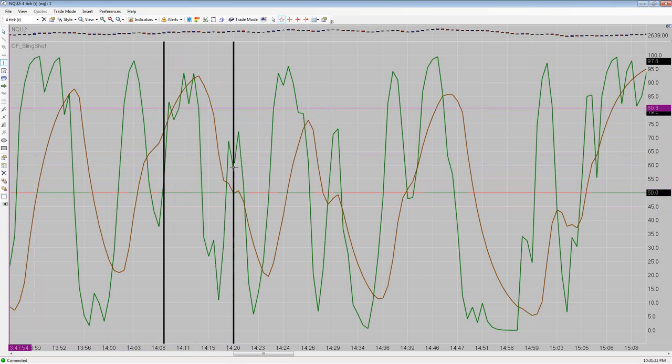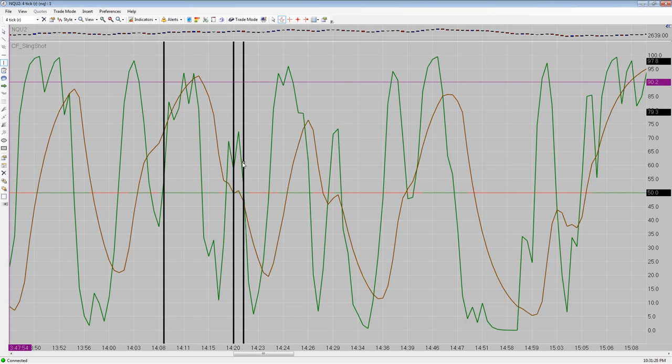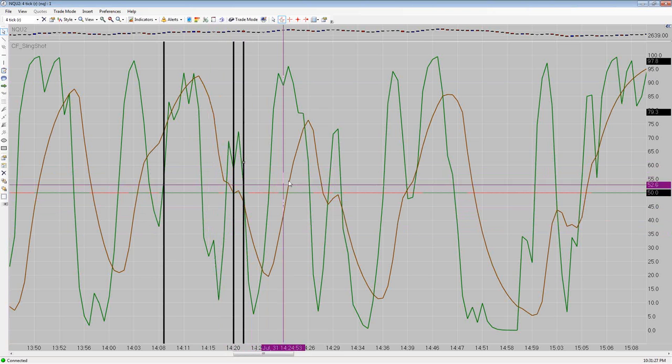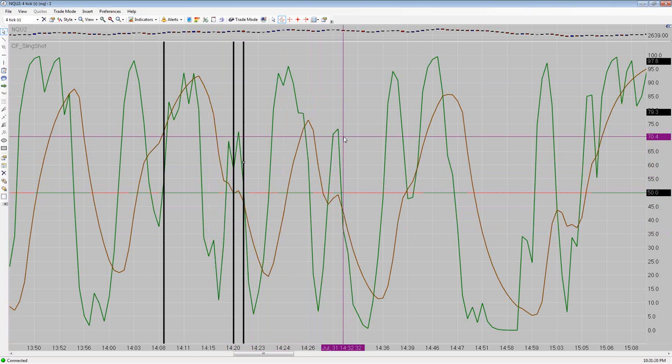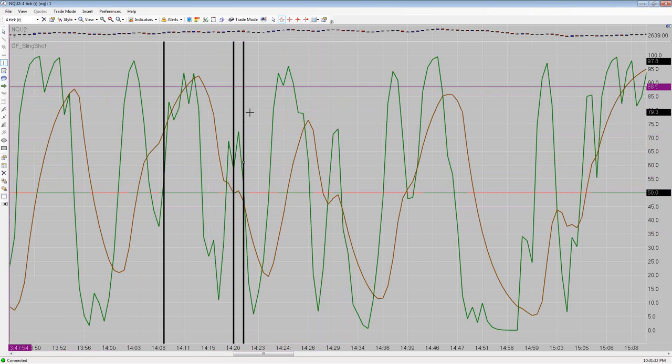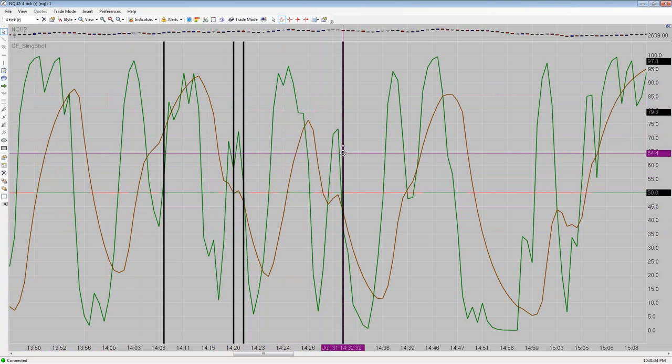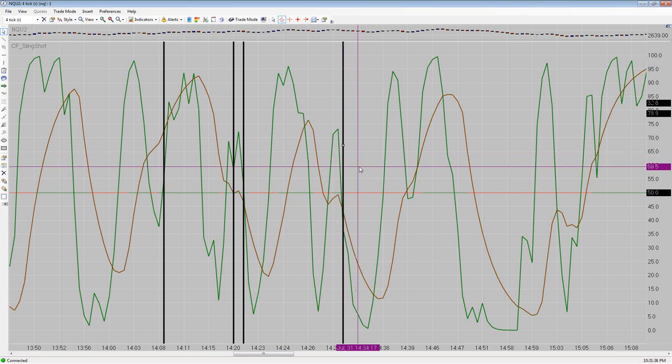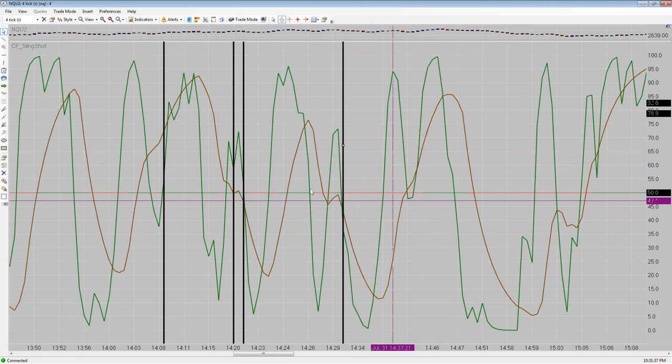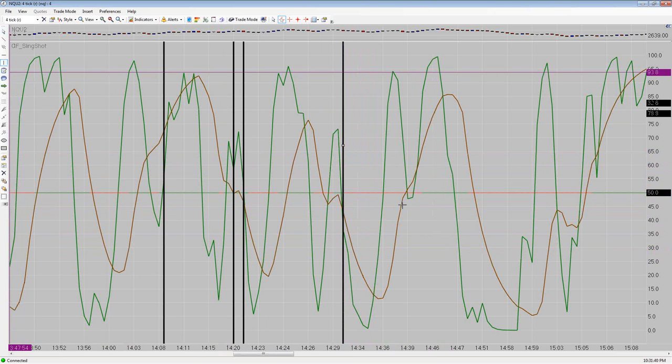Right here, and probably right here, price was moving down and you had an opportunity to enter. Right here. Yep, right there. Price was moving down and you had an opportunity to enter.